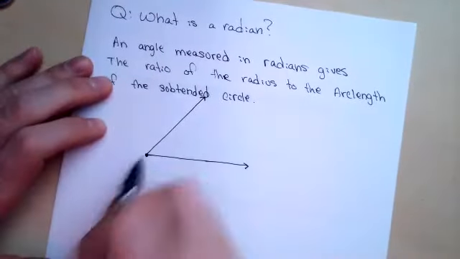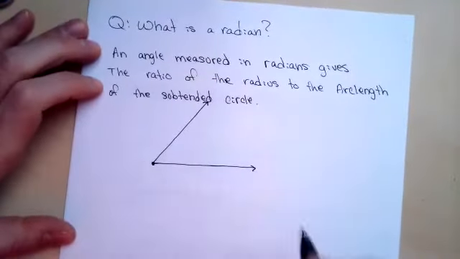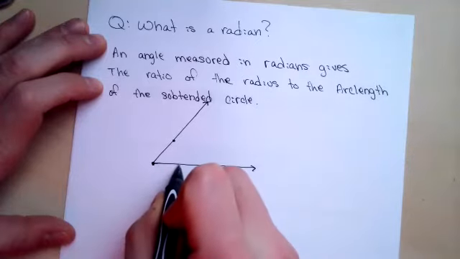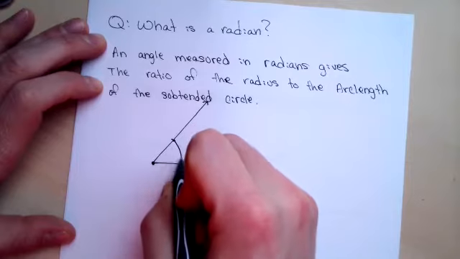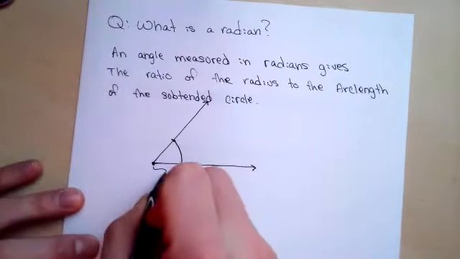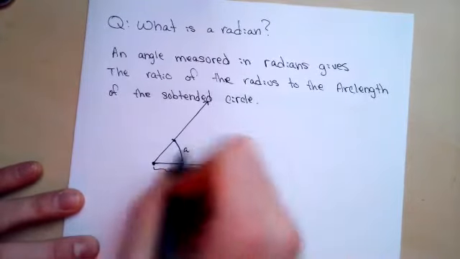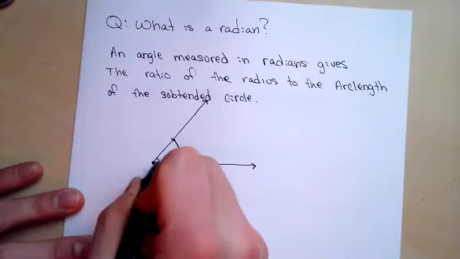But if we were to draw a circle, any circle whose center was this vertex, so we essentially go the same distance along both rays, and we draw the subtended circle here. Well, that's going to correspond to a certain radius and a certain arc length, which I'll denote by A. And I'll call the angle alpha here.